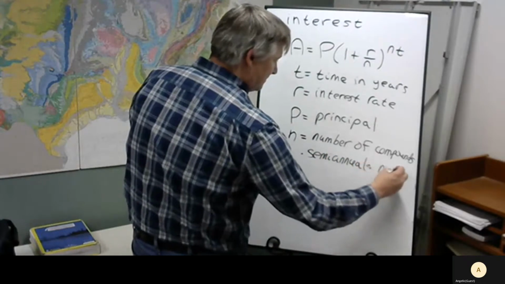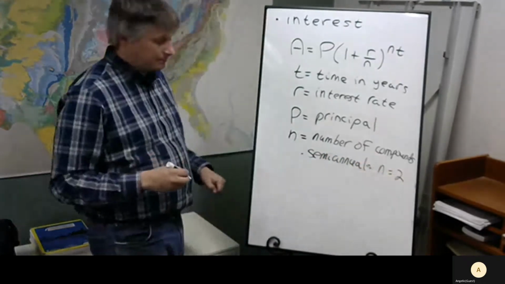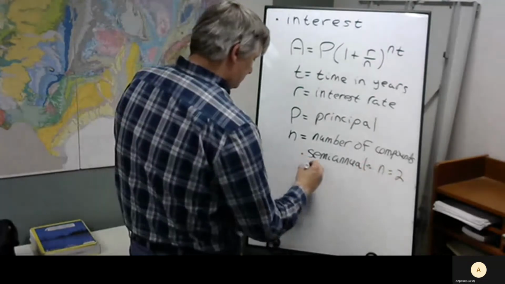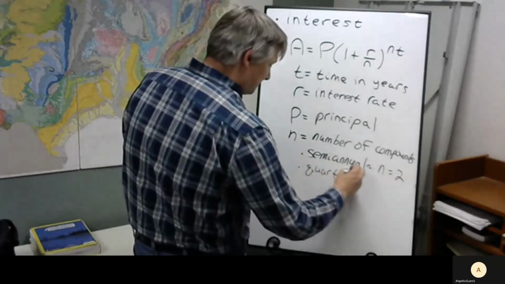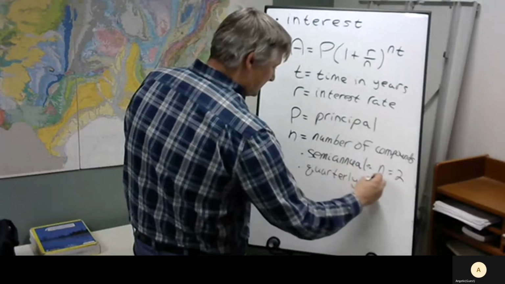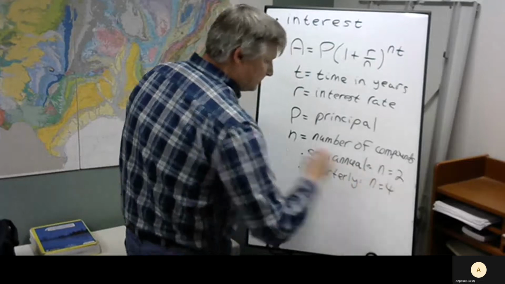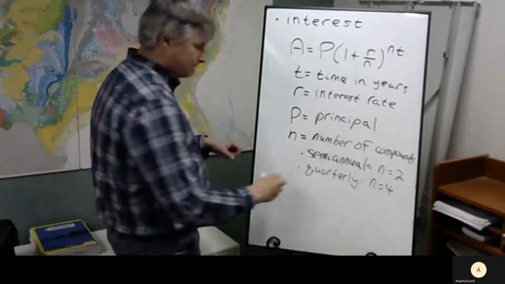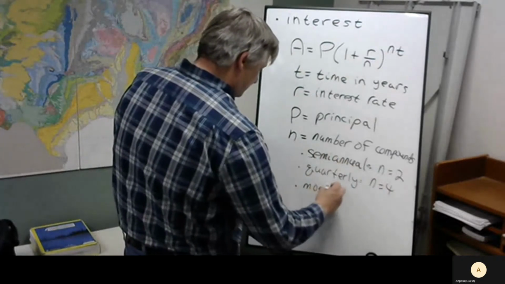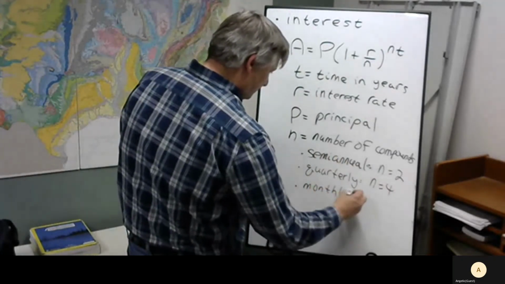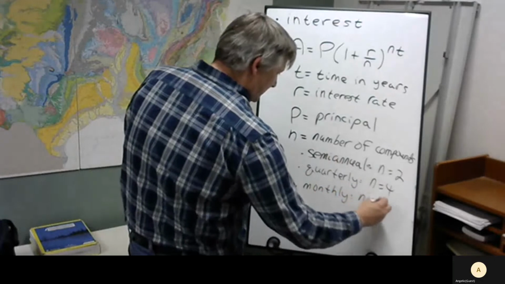This is an N equals 2. Quarterly, or 4 times a year, N is 4. Monthly, N is 12.